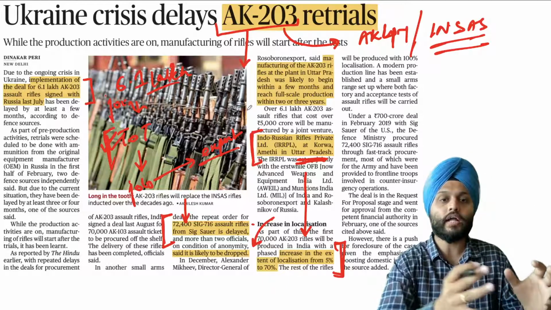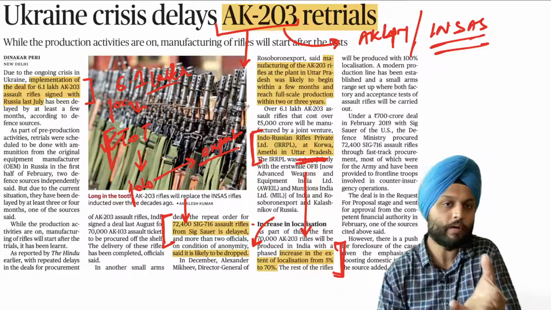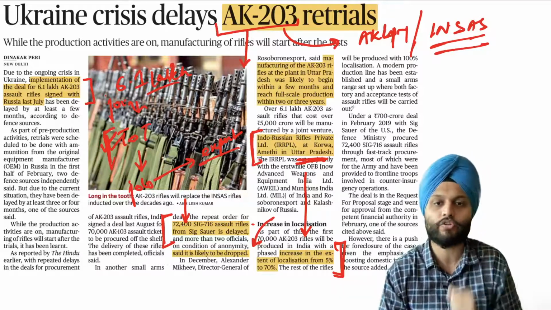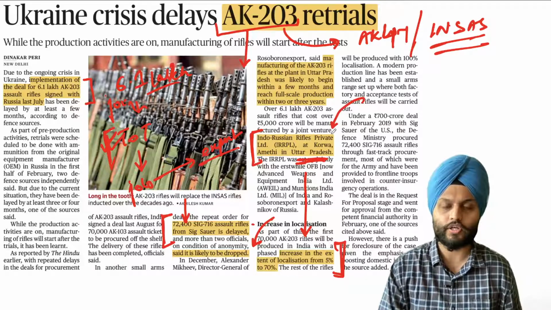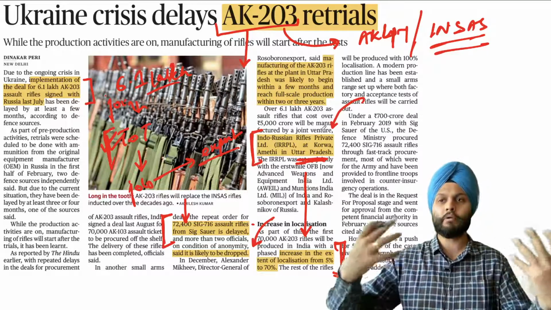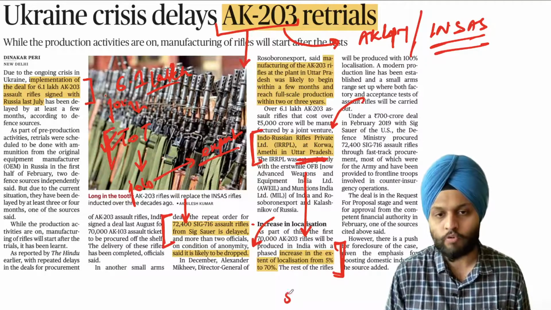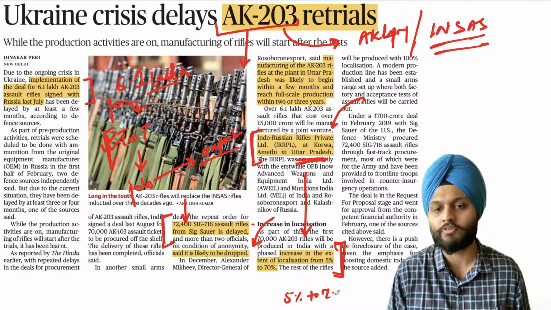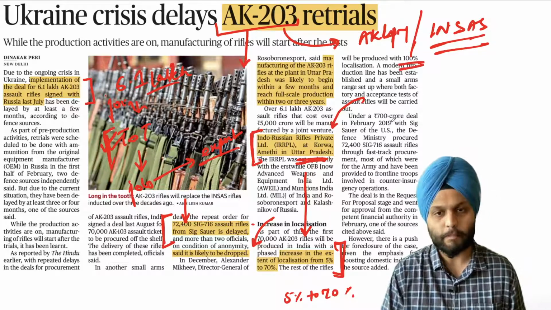But the idea is that ultimately the Indian industry makes the parts, shares the parts, gives them to this company and they manufacture it. So that is localization, and that will be the real multiplier effect, that is everybody benefits. So the idea is to improve the localization from 5% to 70% and eventually to 100% localization.